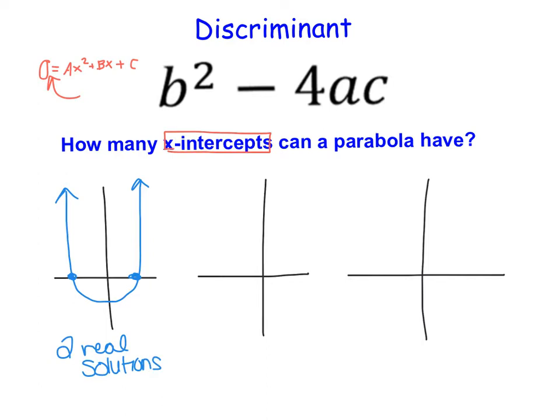Then the second situation is we can have a parabola that comes down, touches the x-axis in one single spot, and then shoots back up. In this case, when we only touch the x-axis in one spot, we have one x-intercept, or one real solution.